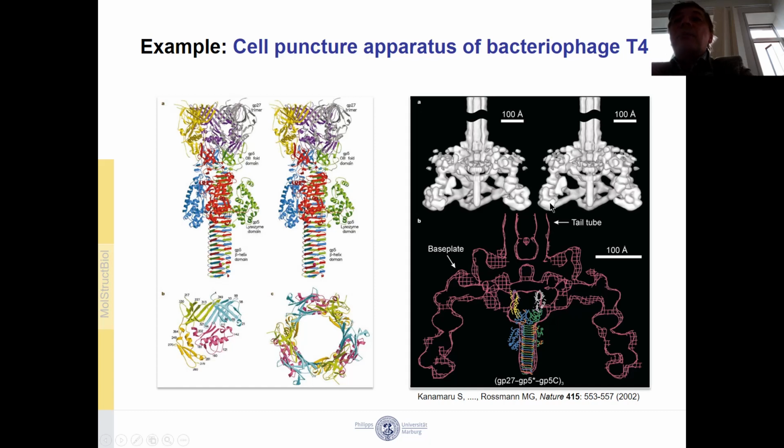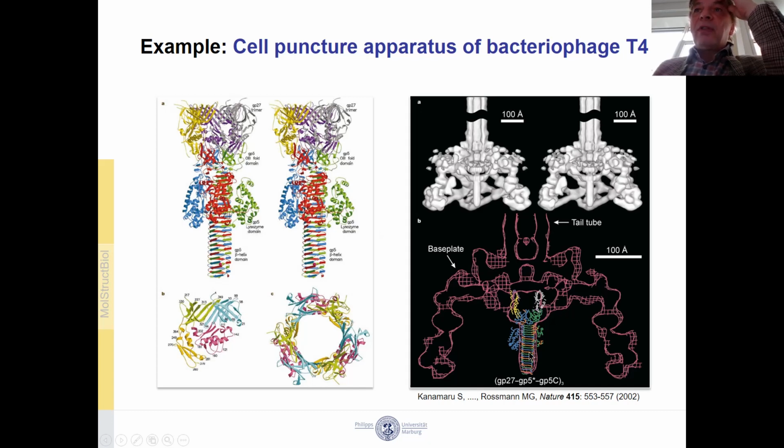Here is, for example, the cell puncture apparatus of a bacteriophage, T4. That is the thorn or the injection needle by which the bacteriophage can get through the bacterial cell wall and plunge through, and then finally inject the DNA of its own viral content into the bacterium.